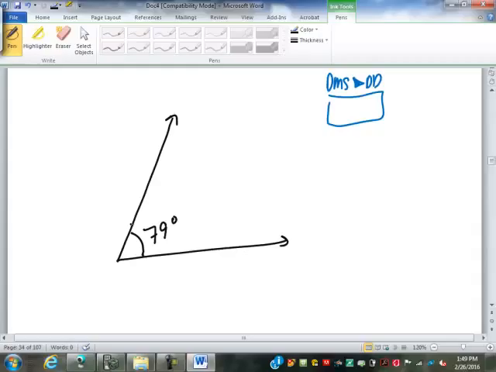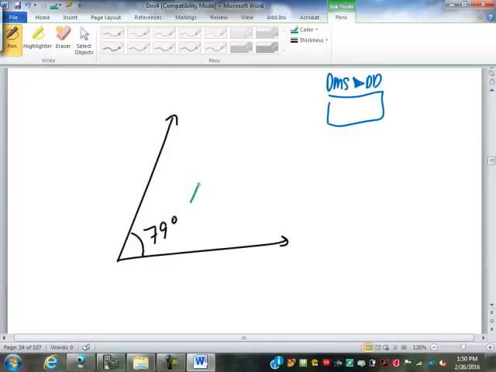If I construct another angle whose sides are parallel to the sides of this angle, what are the possible sizes of that angle?